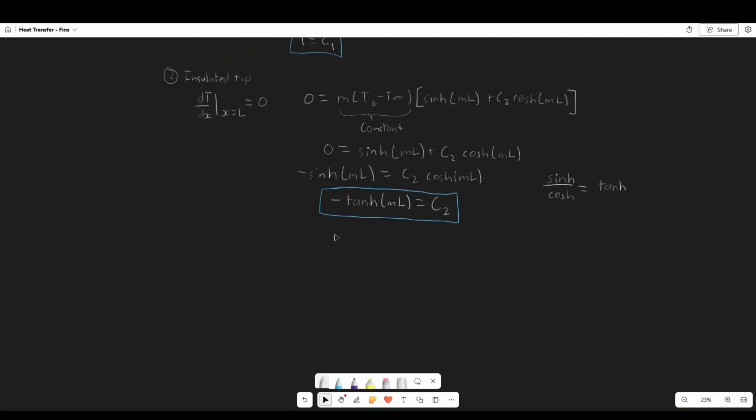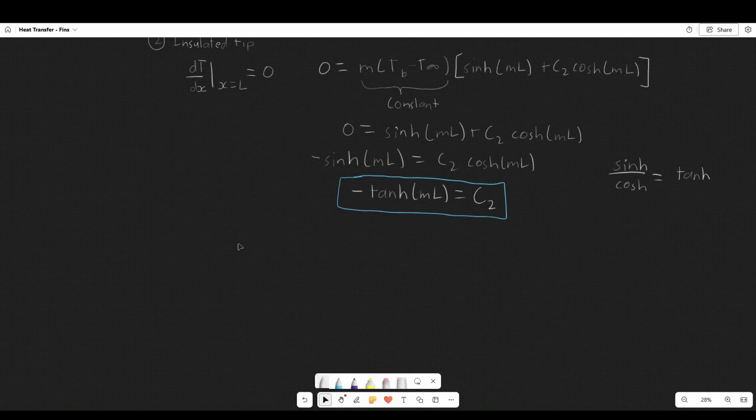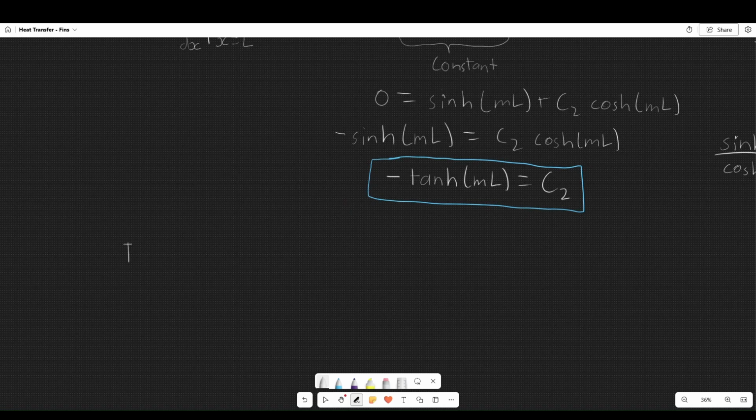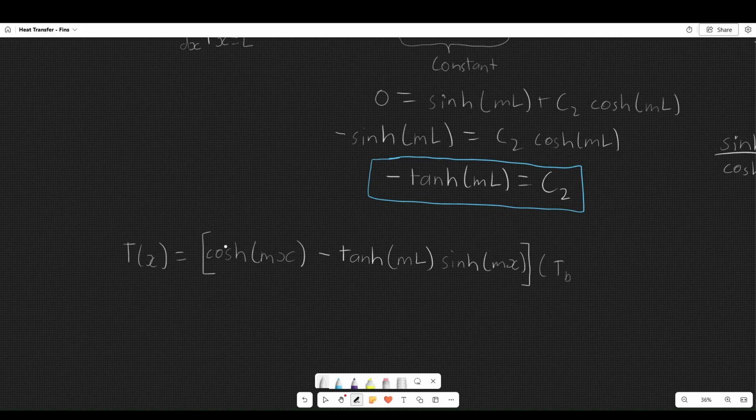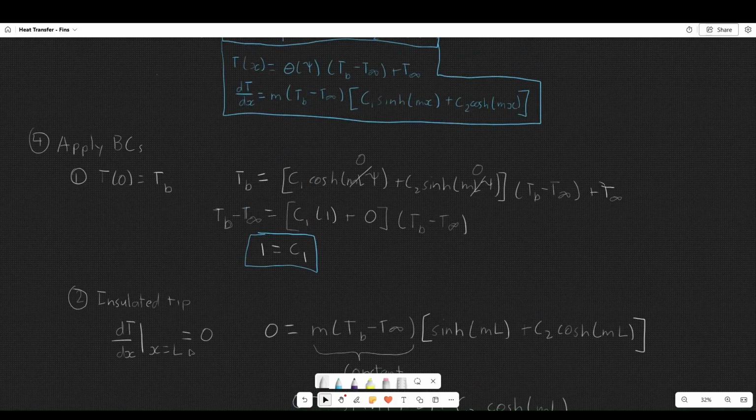We have T of x equals, with C1 equal to 1, cosh(mx) minus tanh(mL) times sinh(mx), all of that in brackets, times (T_b minus T infinity), plus T infinity. So that's what we have.